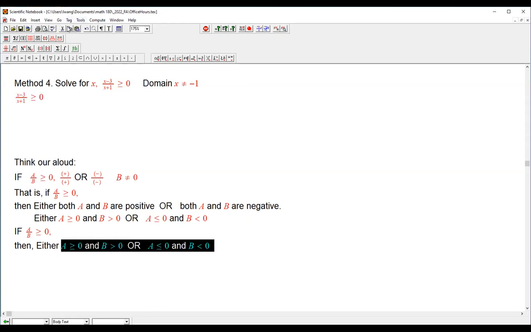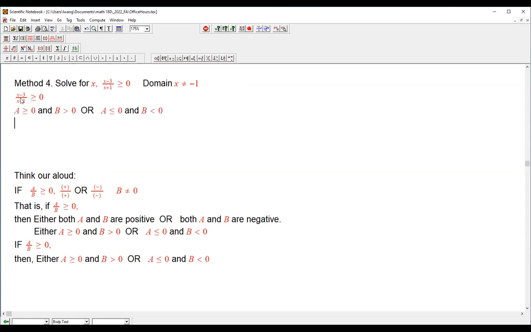We're going to copy this piece and form our work. A is x minus 3, and B is x plus 1. So this is x minus 3, and this is x plus 1. I got a capital there. Okay. There we go.